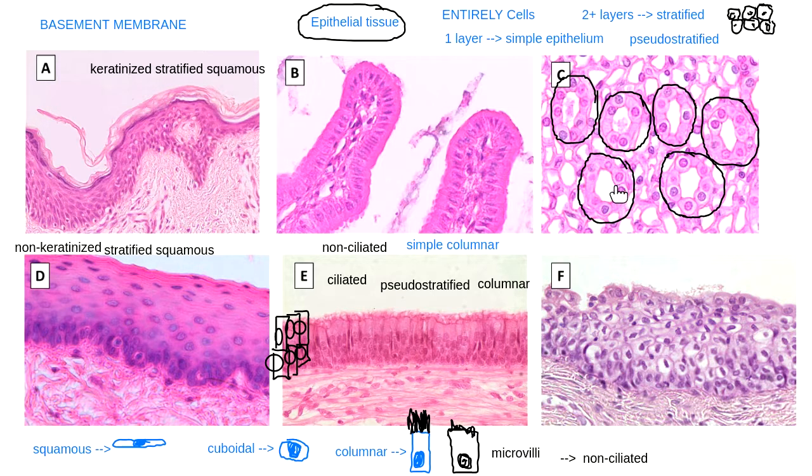The big tip-off is how large those nuclei are in each of these cells, taking up a lot of space inside the epithelial cells. Those are cuboidal cells. So the picture we're looking at up here is simple cuboidal epithelium: one layer of cube-shaped cells.